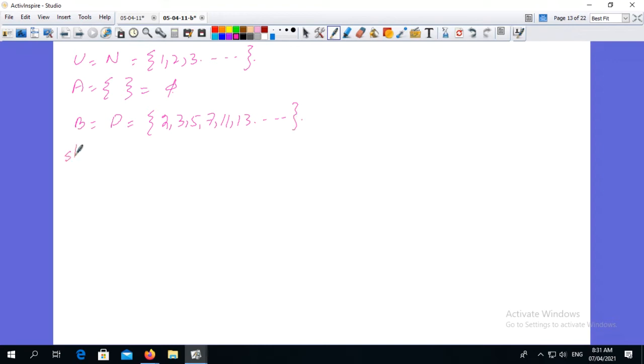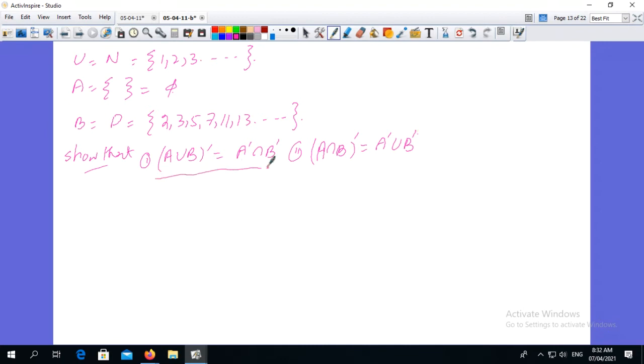We have to show De Morgan's law: (A union B) whole complement equals A complement intersection B complement, and the second one is (A intersection B) whole complement equals A complement union B complement.